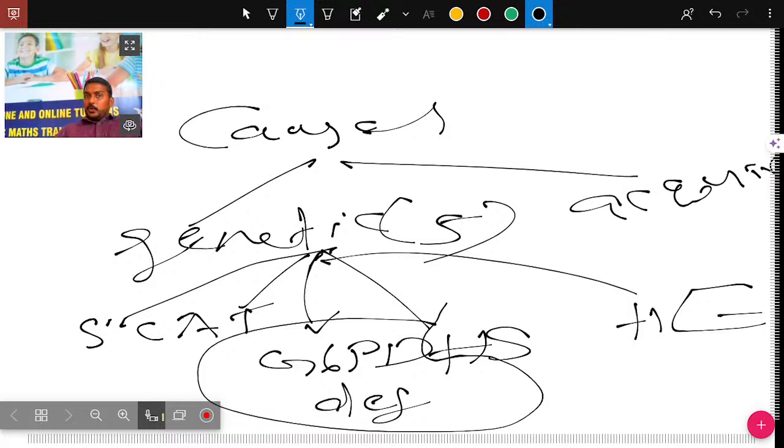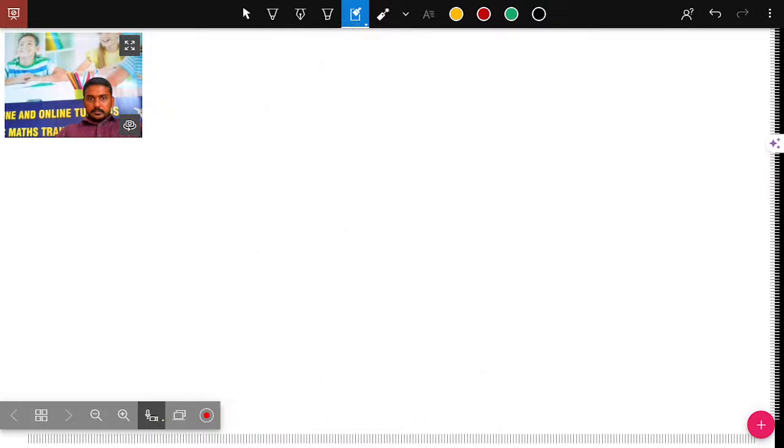Now, acquired causes. Let's talk about the acquired causes. The first one is autoimmune disease, such as autoimmune hemolytic anemia.